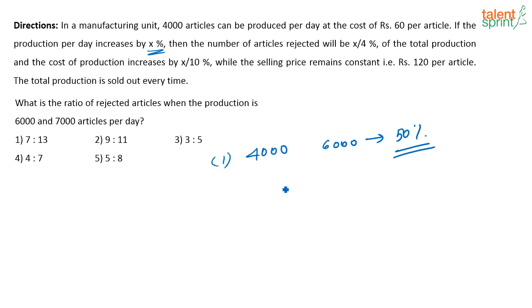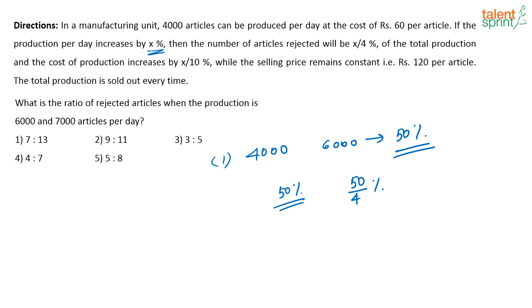X percentage represents 50%. There is a 50% increase in the production of the article. And what is given, if the production per day increases by X percentage, then the number of articles rejected will be X by 4%. So for this case, how many articles will be rejected? 50 by 4% of the articles produced will be rejected.